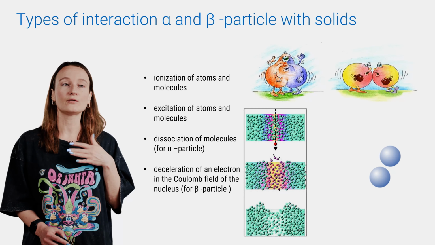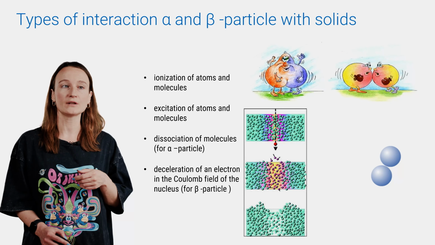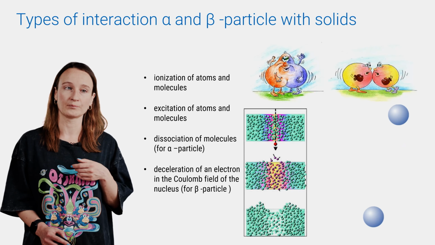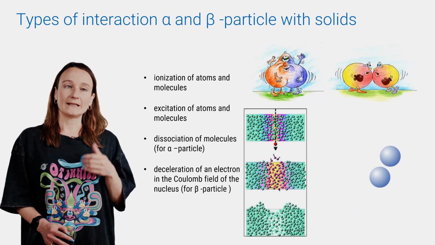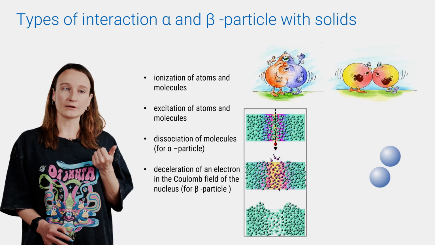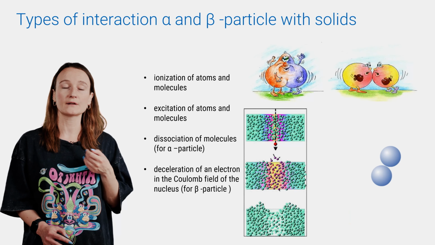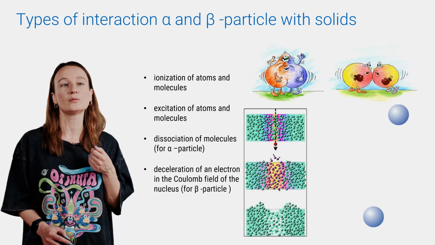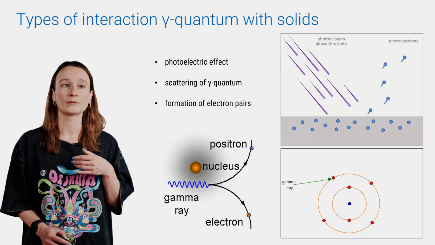The passage of alpha and beta particles through a substance is accompanied by three types of interaction: ionization of atoms and molecules, excitation of atoms and molecules, dissociation of molecules for alpha particles, and deceleration of the electrons in the Coulomb fields of the nucleus for beta particles.